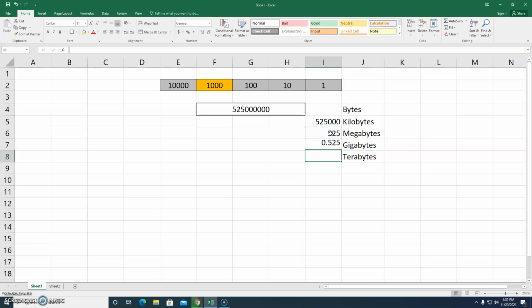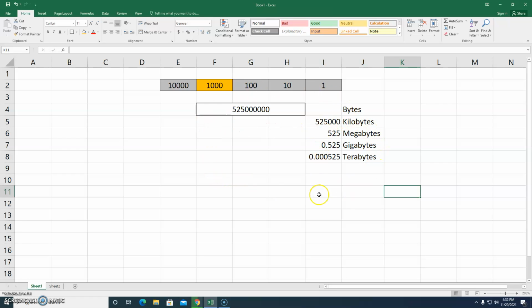And if I want to find out how many terabytes there are, I take the number of gigabytes and divide it by 1,000. So this many bytes is the same as 0.000525 terabytes.